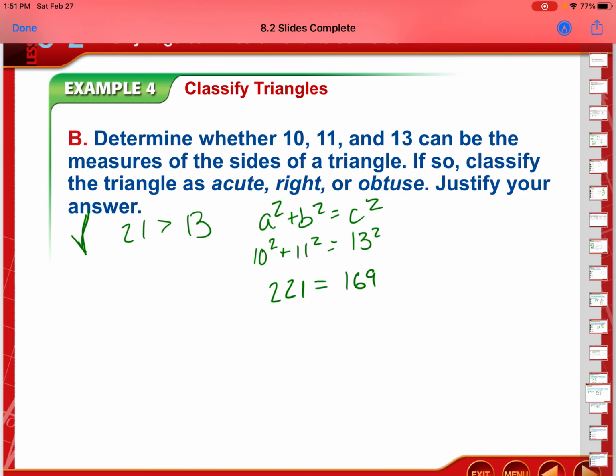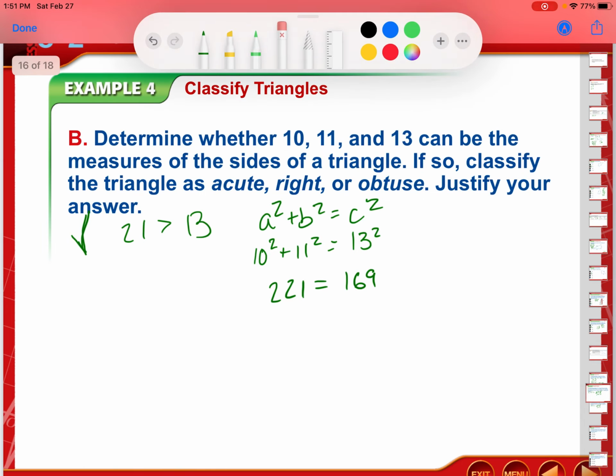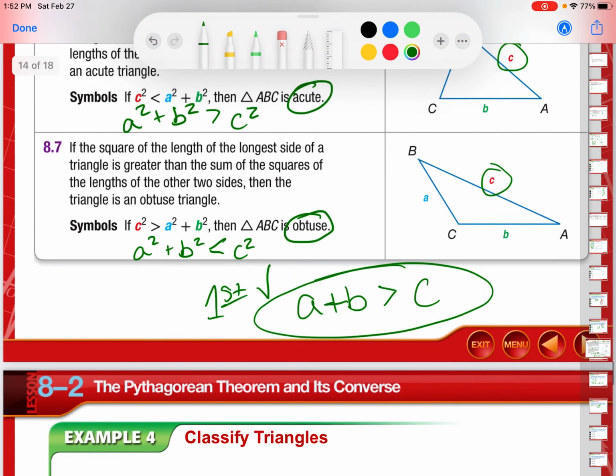But hang on, those don't equal. Well, I just used an equal sign because it's what makes me comfortable to keep these separated. If you wanted to, you could say, no, I don't want to use an equal sign. I want to use a rectangle to show I need to fill this in at some point. That's totally fine. So a squared plus b squared in this case is bigger than c squared.